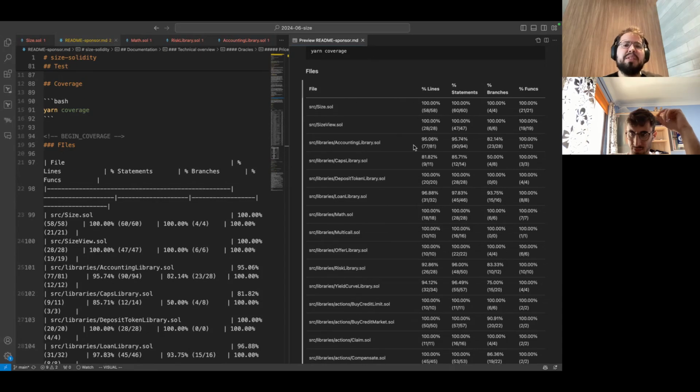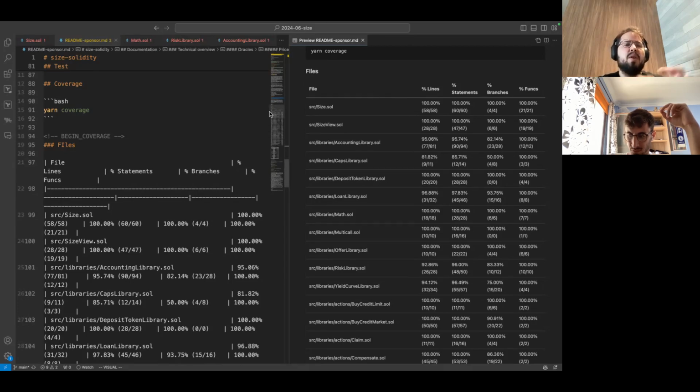And usually projects integrate with Coveralls, and I don't know exactly why we didn't do Coveralls. I think it's because the project was still closed source, and we didn't want to integrate other services, I guess. So basically, I did this through the CI.